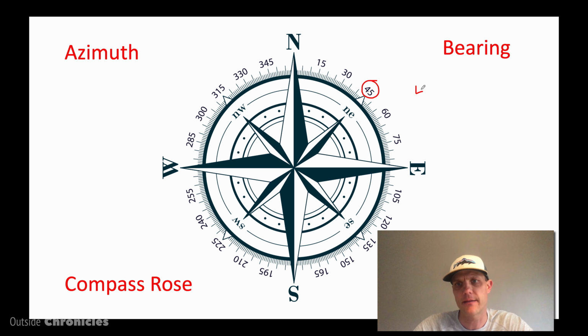And that's written like this: 45 degrees east of north. We can also say an azimuth of 135 degrees is the same thing as saying 45 degrees east of south, written like this: 45 degrees east of south.